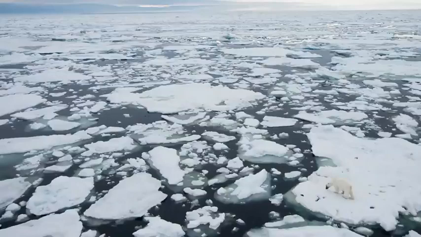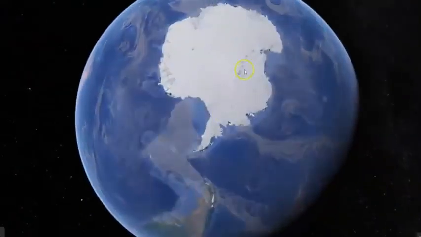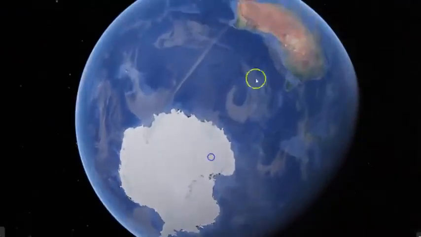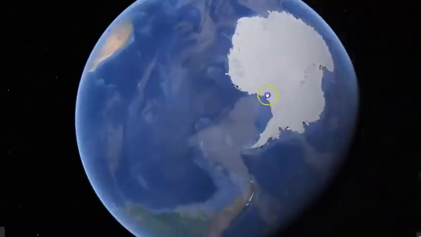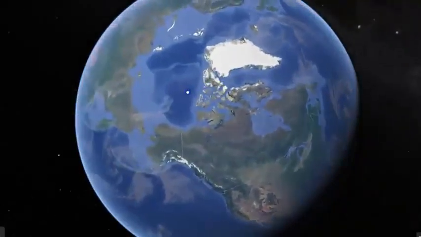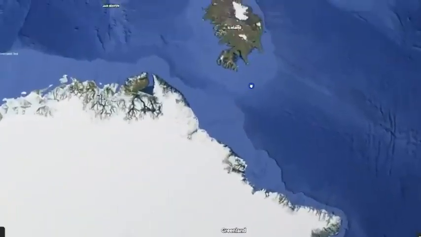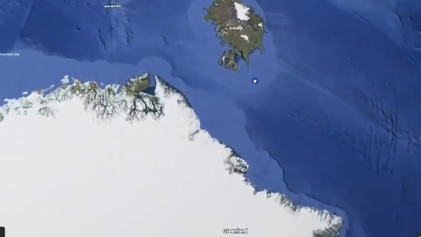Google Earth, however, refuses to even give us the ice sheets. They love to show us their thwarted version of Antarctica, but when venturing north, all that remains is Greenland. Look at Greenland here.